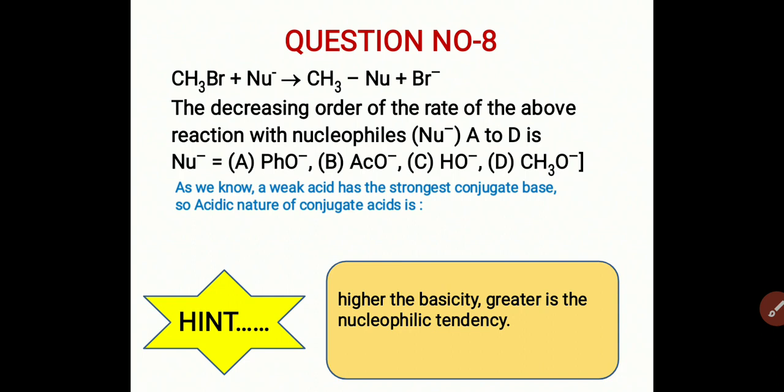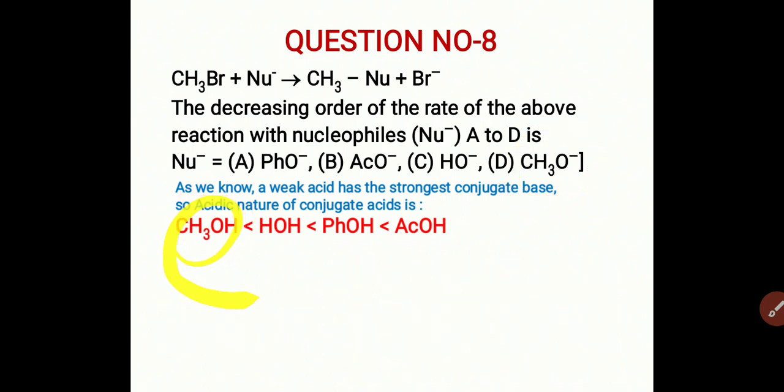Arranging the acids is very easy. Hence we write the conjugate acid of these, and then we get its base, the higher basicity. Now you will see this is the acidic nature order. ACOH is obtained from acetic acid, PhOH from phenol, HOH is nothing but water, CH3OH is methyl alcohol, and CH3O minus is obtained from CH3OH.